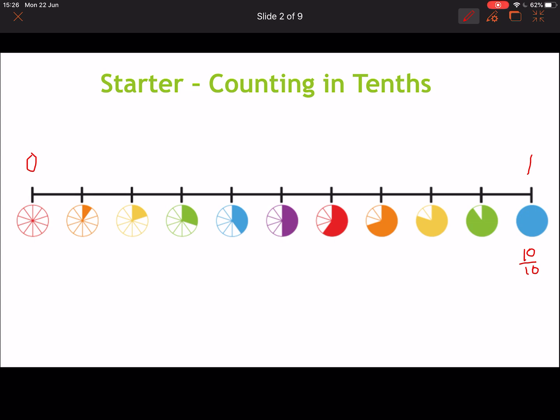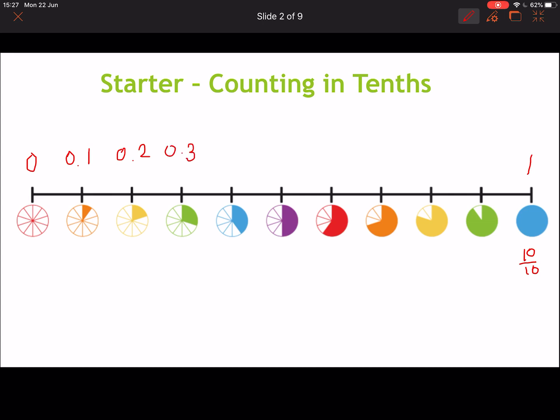So as you can see, we start at 0. What's going to be the next number on our number line? Yeah, 0.1. What's going to be next? 0.2. 0.3.